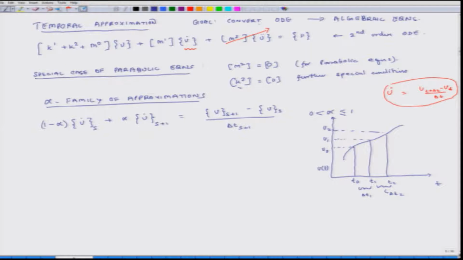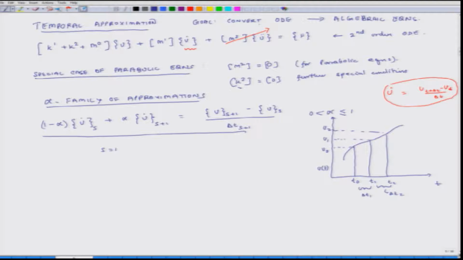I wanted to explain the meaning of this statement, it is important to understand. For instance, consider s equal to 1, which is the first time step. The first time step is delta t1 long, the second time step is delta t2 long. s is the time step number.